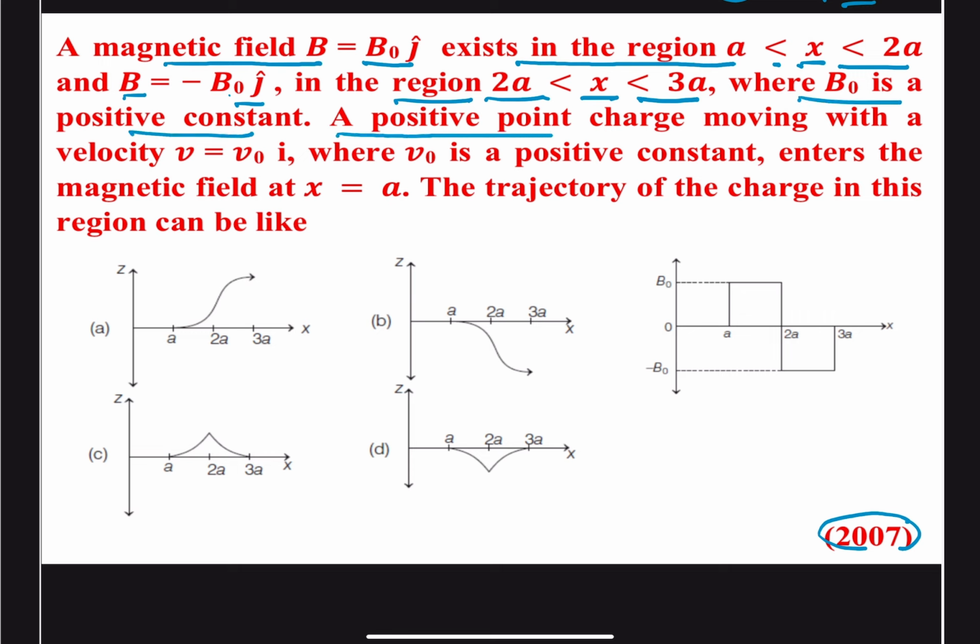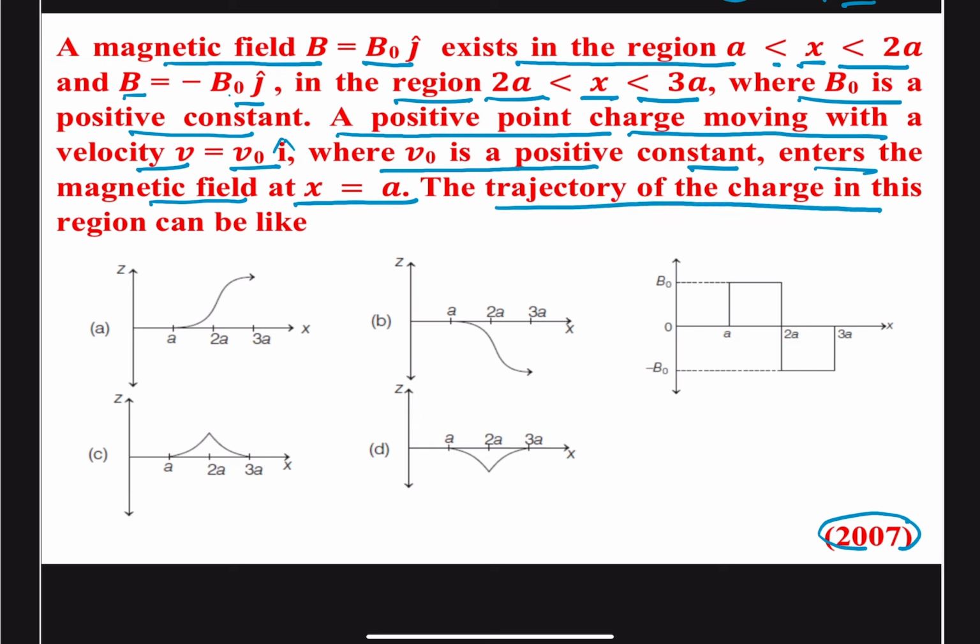A positive point charge moving with the velocity v naught i unit vector, where v naught is a positive constant, enters the magnetic field at x equal to a. The trajectory of the charge in this region can be like.